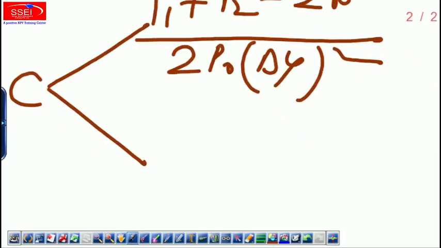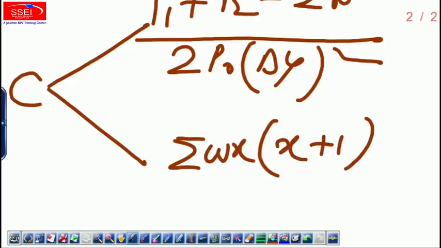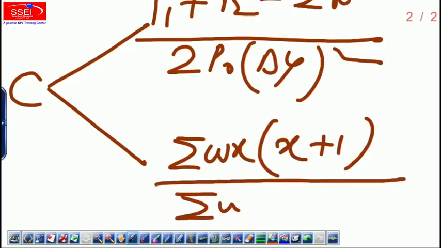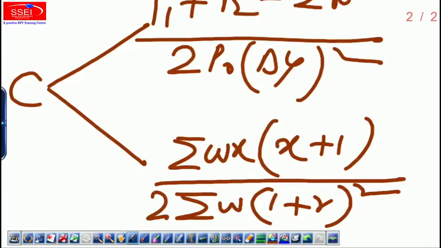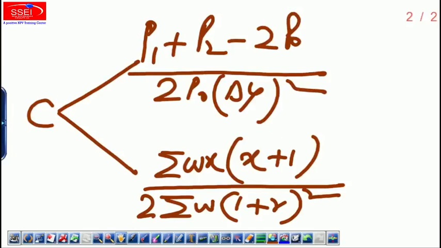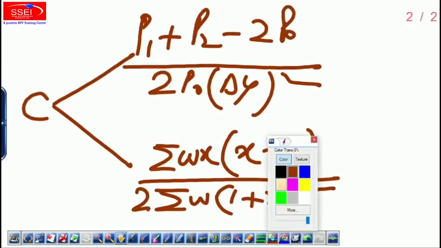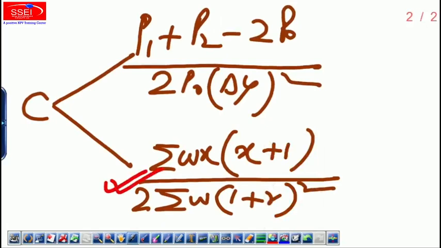The other is summation Wx into (x + 1) divided by 2 into summation W into (1 + R) the whole square. Sorry, they use a 2 in the denominator. So this is the convexity from Macaulay and modified point of view. Both the answers should be same. But which one do we use in the exam? This one or this one?